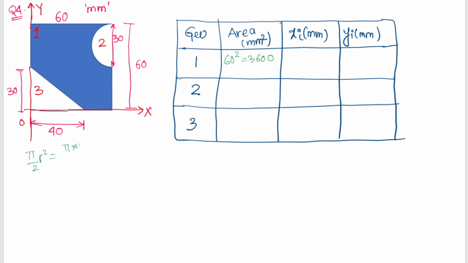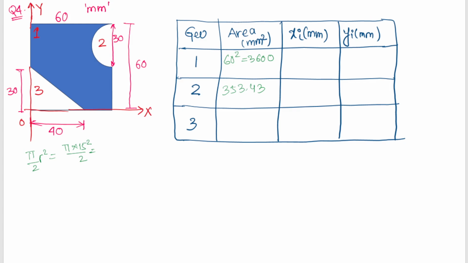So pi into 15 square by 2, which gives 353.43.